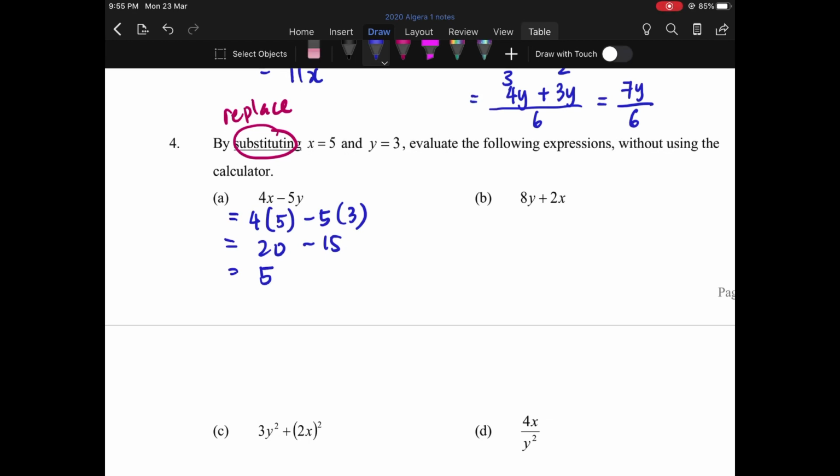Don't skip steps. Part B, 8 multiplied by 5 plus 2 times, again. So you should be getting 8 times y, and y is 3, and then x is 5. So you should be getting 24 plus 10 to give 34.